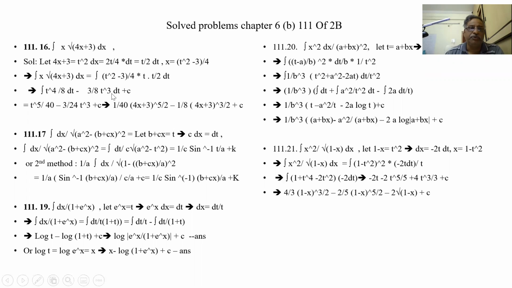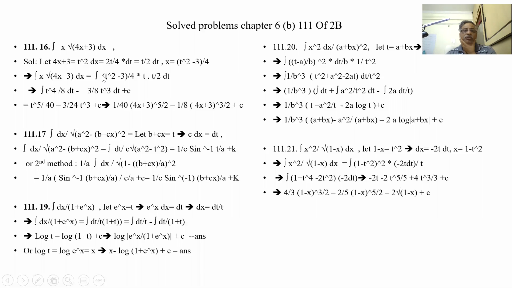So when I substitute in place of t, t is 4x plus 3. So I am getting 1 by 40, 4x plus 3 whole to the power of 5 by 2 minus 1 by 8, 4x plus 3 whole to the power of 3 by 2.